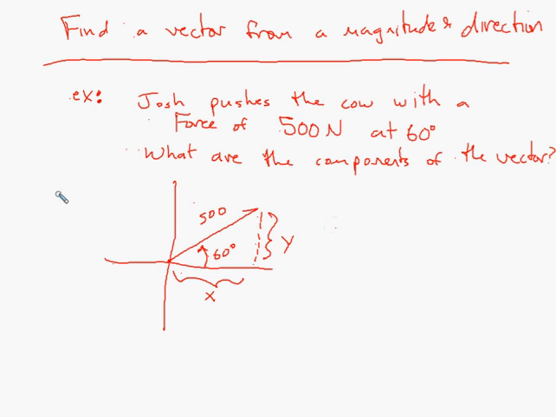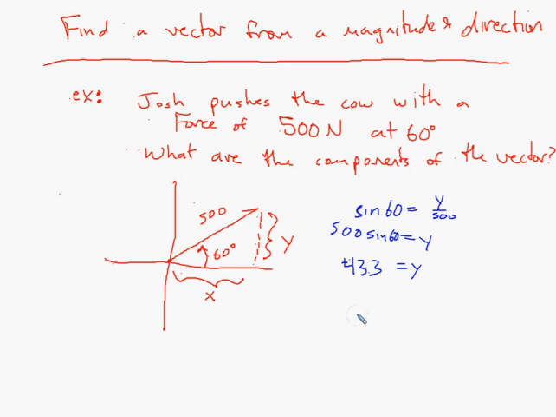Okay, so there is a fast way set up to do this if you want. But for now, let's just do it like we would have done in the last chapter. How would I find y, Jarrett? Sine 60. So, yep. So the y component is 500 sine 60, which is what? Okay.